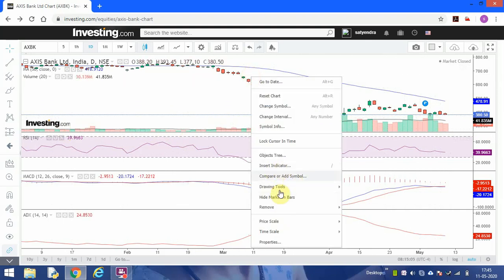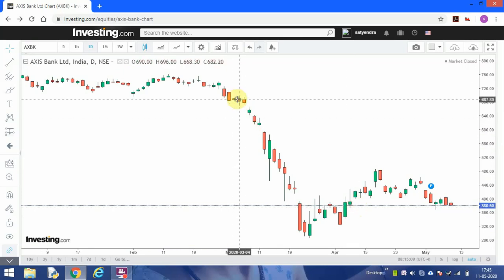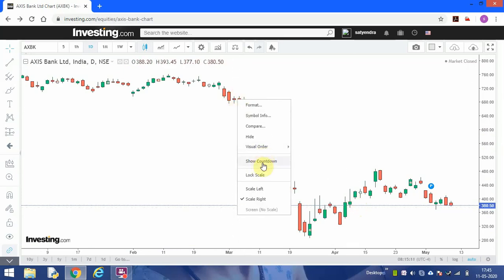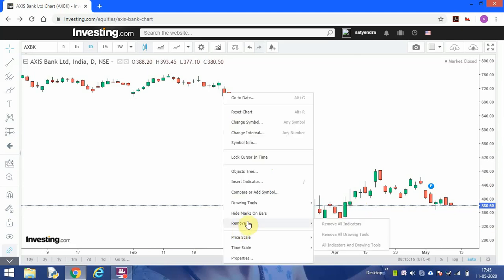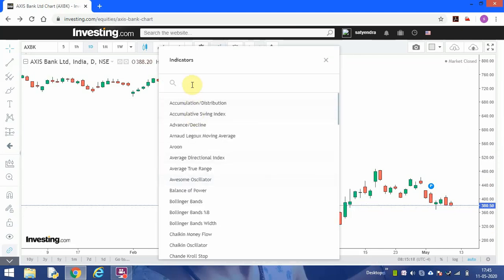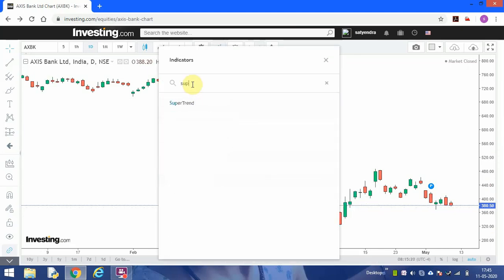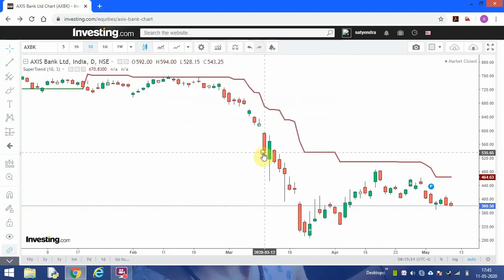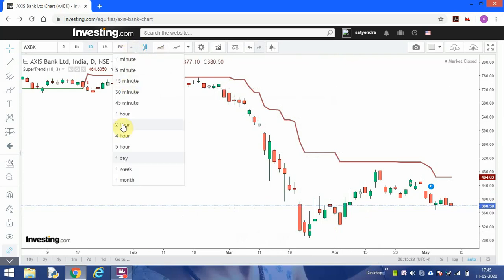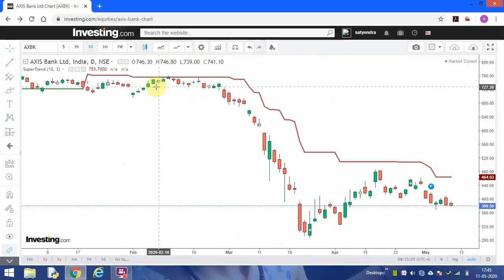Then remove that indicator. I am going to tell one more indicator that you can add separately, that is Supertrend. This will tell whether the trend is bearish or bullish. You see, on the daily chart it is bearish.